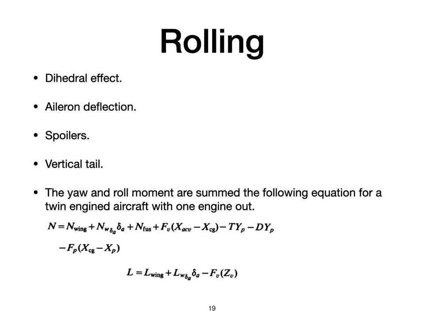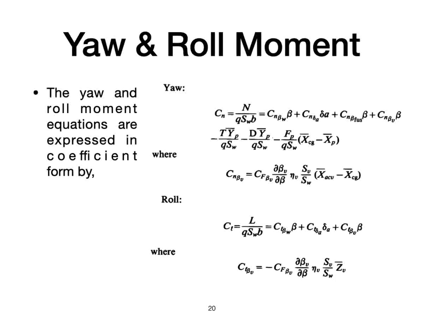The moment acted upon for yawing is N, and the moment acted upon for rolling is L. The yaw and roll moment equations are expressed in coefficient form by dividing through by QSWB the previous equation, which we have seen in the previous slide.